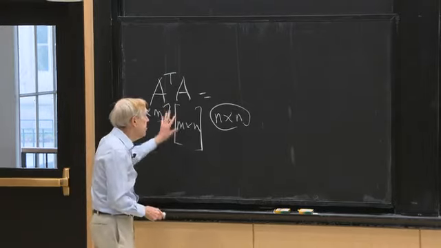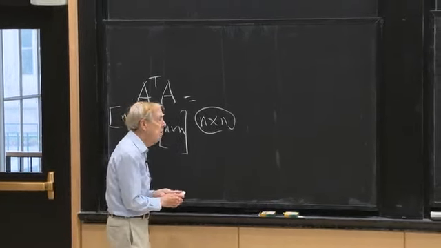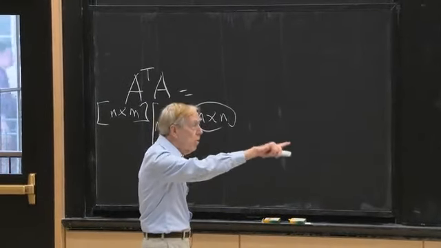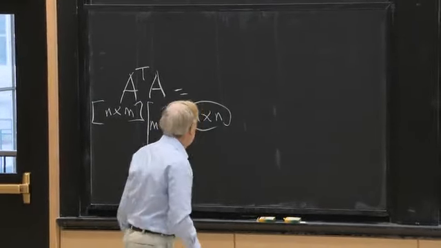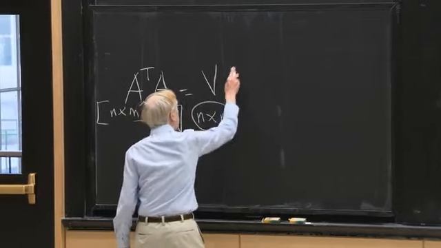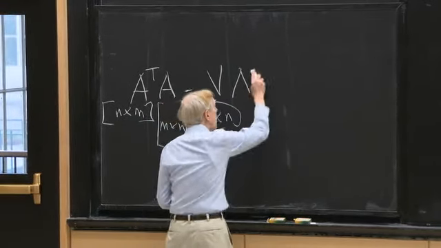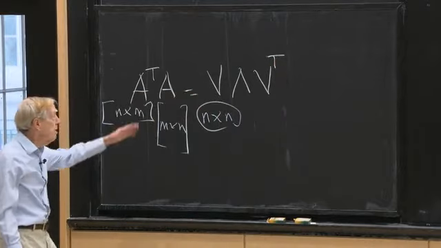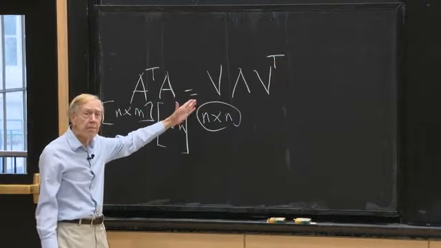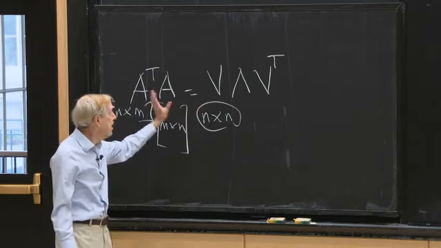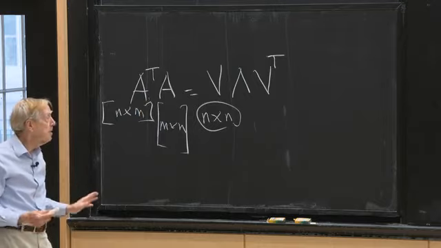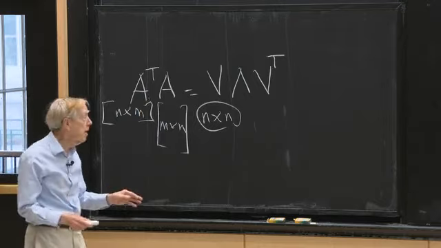So A transpose A will have a factorization. It's symmetric. It'll have a Q lambda Q transpose, but I'm going to call it V lambda V transpose. So these V's, what do we know about the eigenvectors? These V's are eigenvectors of this square, symmetric, positive definite matrix. So we're in good shape.